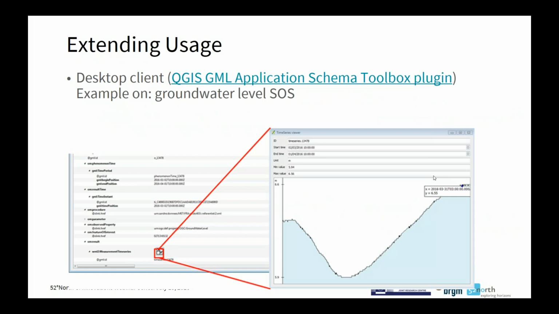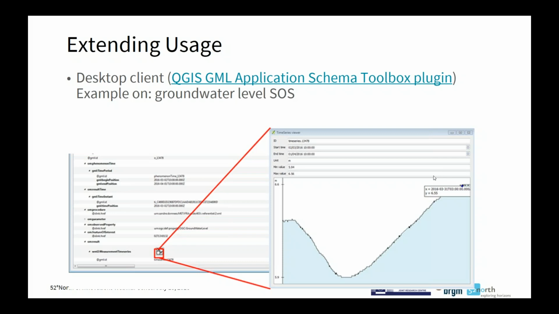So extending usage, we are also supporting and working especially on the topic about having a dedicated client called the QGIS GML application schema toolbox. This is based on extension of GDAL and OGR.